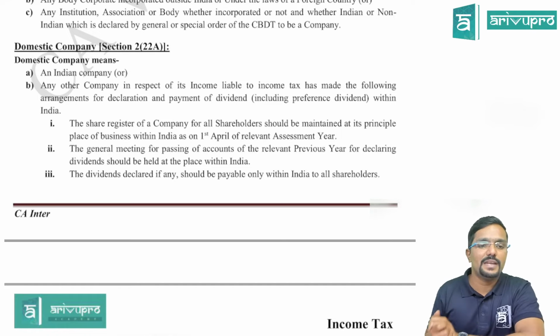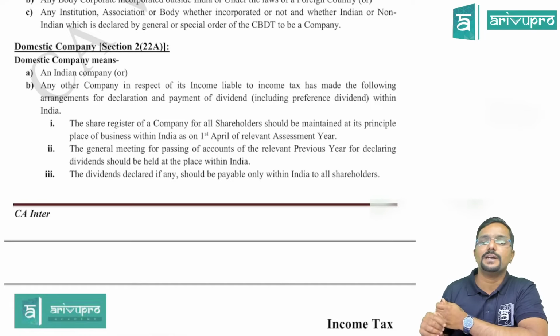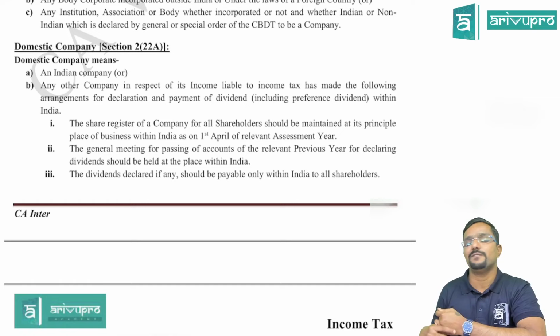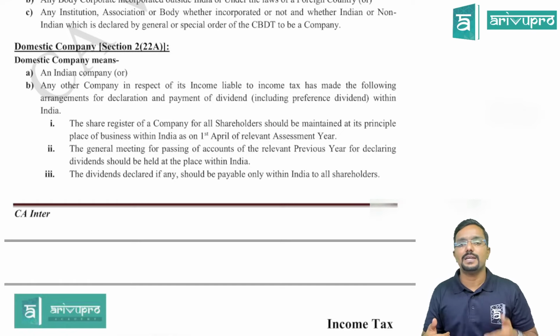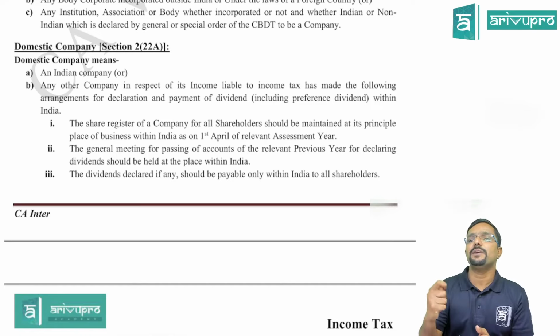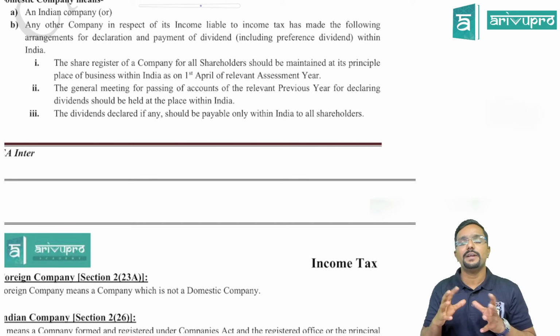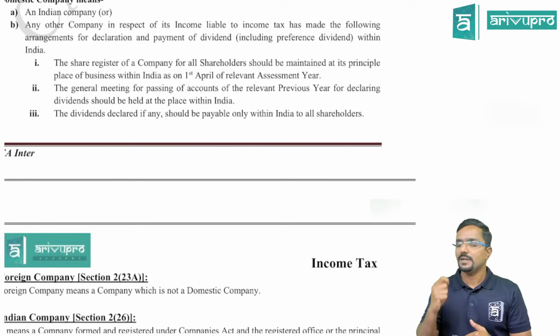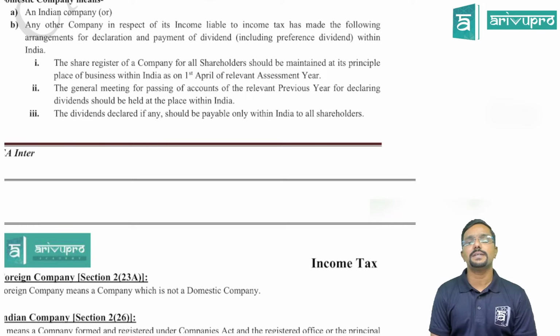Okay. Then any other company which, in respect of its income liable to income tax, has made the following arrangements for declaration and payment of dividend, including preference dividend. So if a company other than an Indian company has made arrangements for the declaration and payment of equity dividend or preference dividend within India, meaning the dividend is declared and paid within India, in that case, three conditions are there. What are those? The share register of the company.